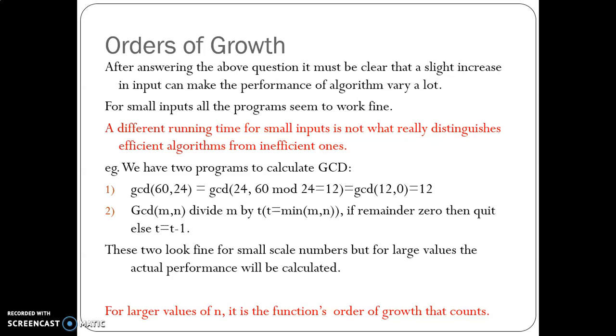Now if we take small numbers, then the complexity will not be very clear, but if we take very large numbers as input, then the number of times the calculation has to be repeated will become tremendously large. Suppose we have to find out the GCD of 2, 3, 5, 7, 4, 7 and 9, 9, 9, 8, 8, 8, 5.